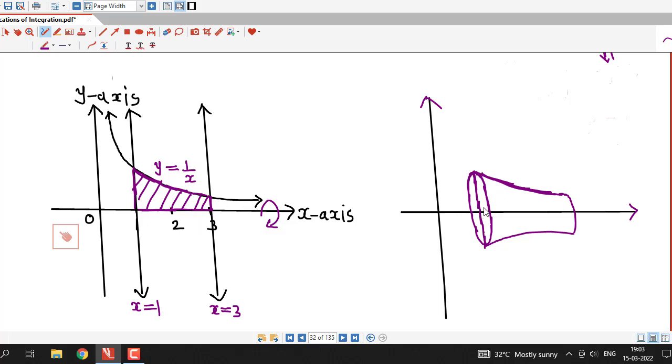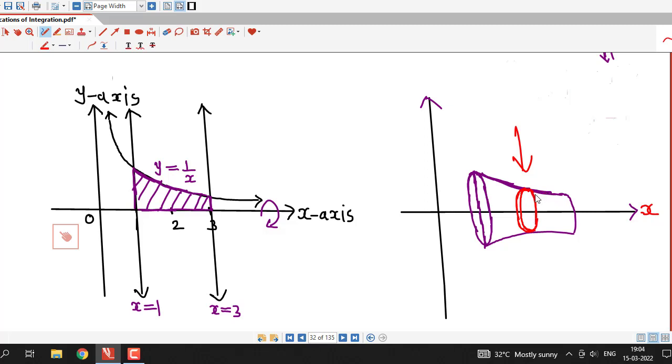Now as usual, to find out the volume of this solid, we have to consider the cross section perpendicular to x-axis. So if we take the cross section of this solid perpendicular to x-axis, then the cross section will be a disk of radius y, and the thickness of this disk will be delta x or dx.